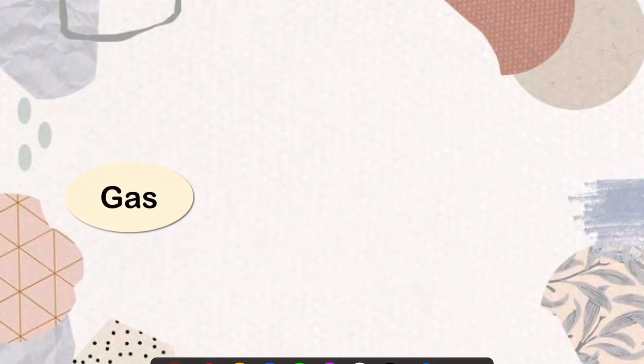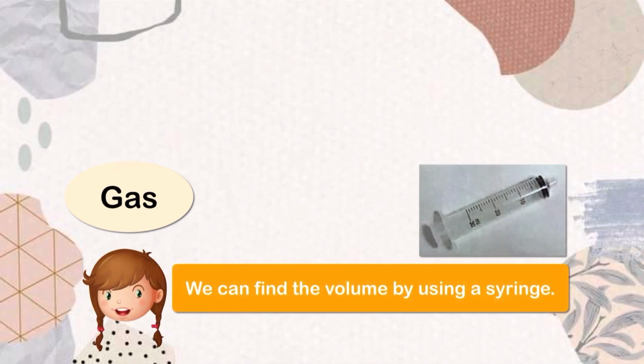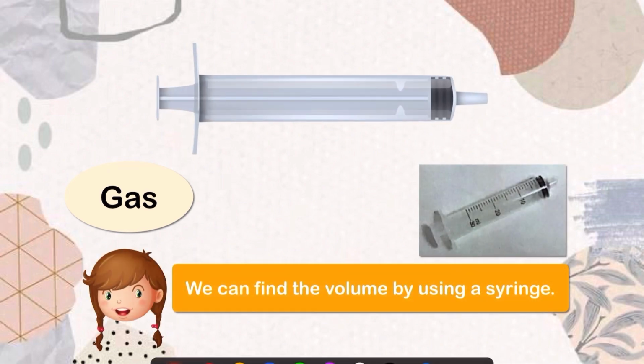This one, gas. How can we find the volume of gas? We can find the volume by using a syringe. Can you see this one? We call it a syringe. If you want to find the volume of oxygen or LPG or carbon dioxide, we use a syringe to find the volume.